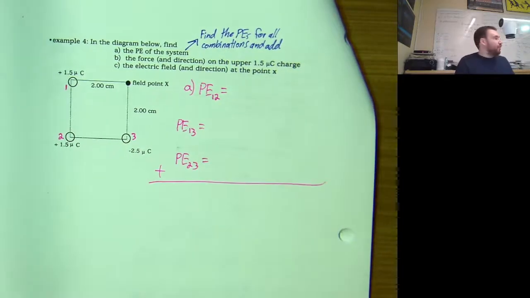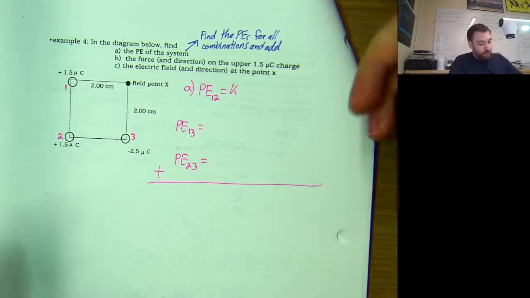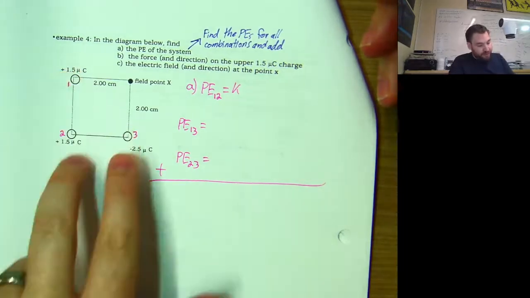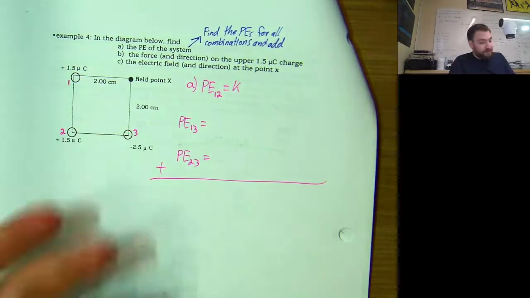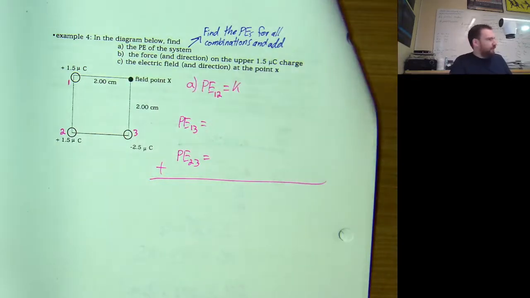You have to make sure you're keeping track of all of the possible combinations. That's what's going to give us grief here. There's only 3 particles, yeah. So 1 and 2, 1 and 3, 2 and 3 gives us all combinations. If there was a 4th particle there, then we'd have to do a lot more work. 3 more for sure.